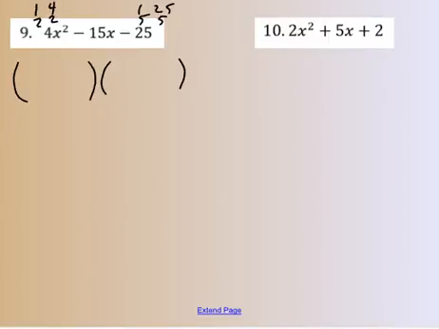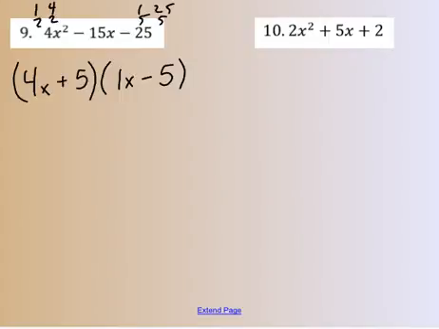Otherwise, it would be 4 and 25. So you want 2 and 2? Or you could do 1 and 4 and then 5 and 5. So you want to get 20 and subtract a 5? Yep. So I would go 4 and 1, 5 and 5, and then which one's got to be negative?